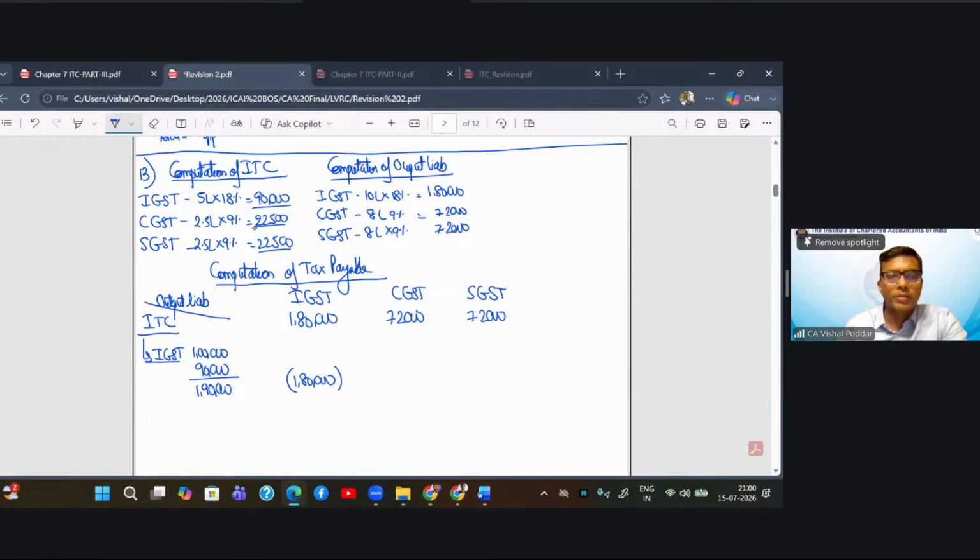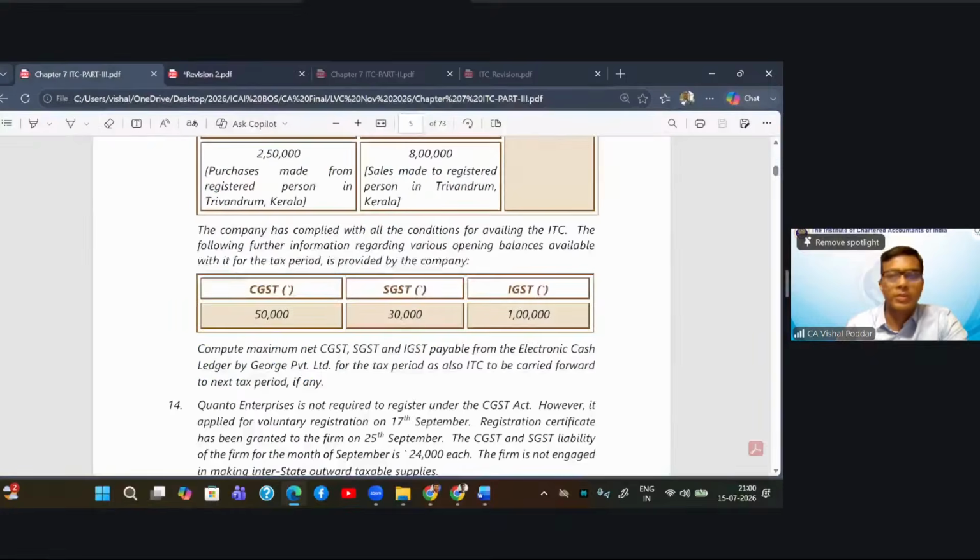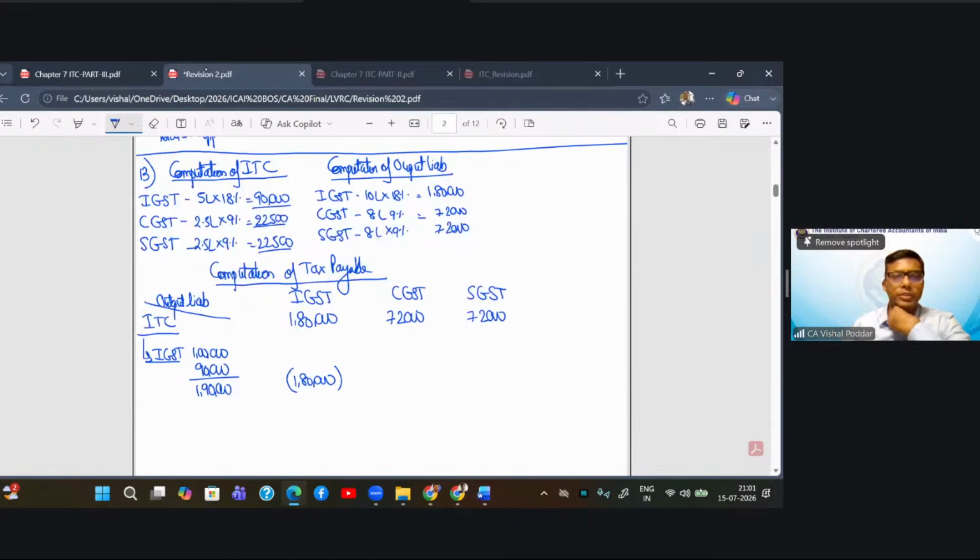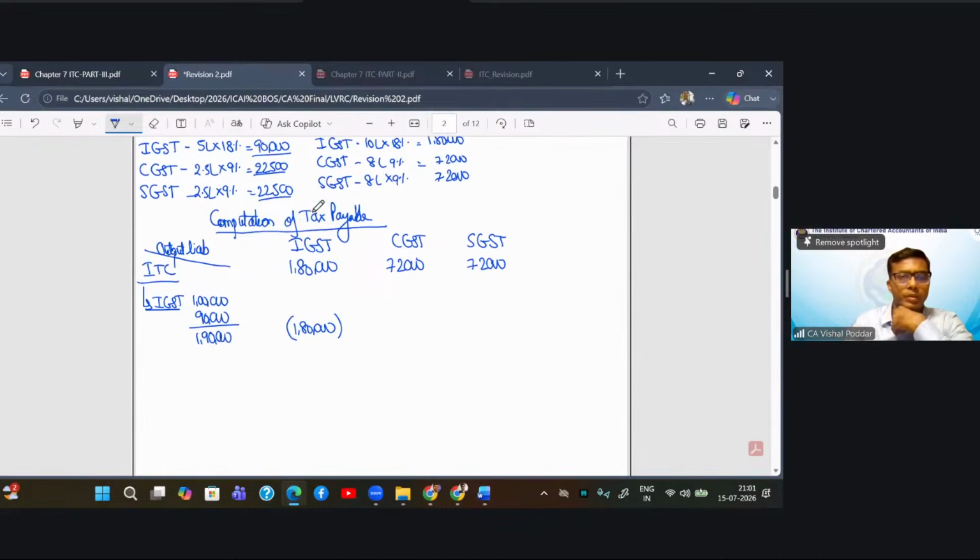So opening balance, see, in opening balance, I have more in CGST and less in SGST. It means I will have less amount to utilize in SGST. So students, in such cases, our sequence is like this.